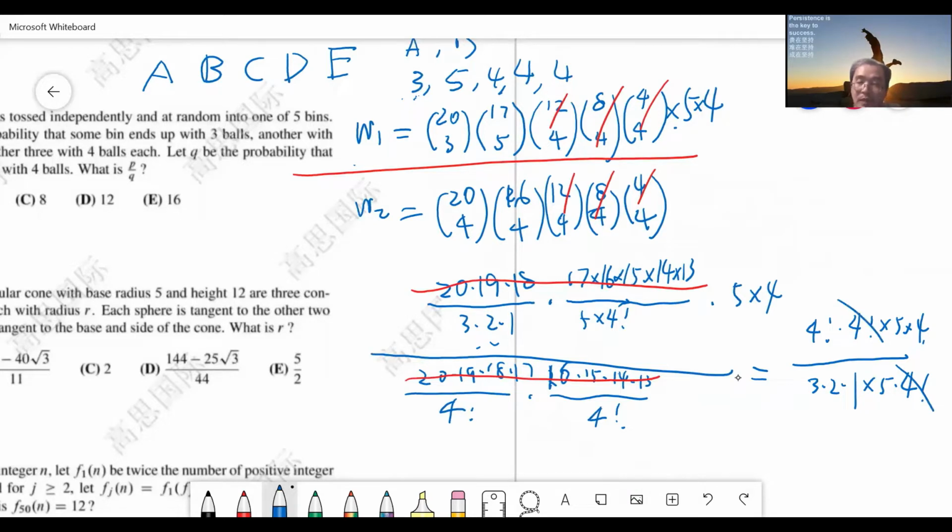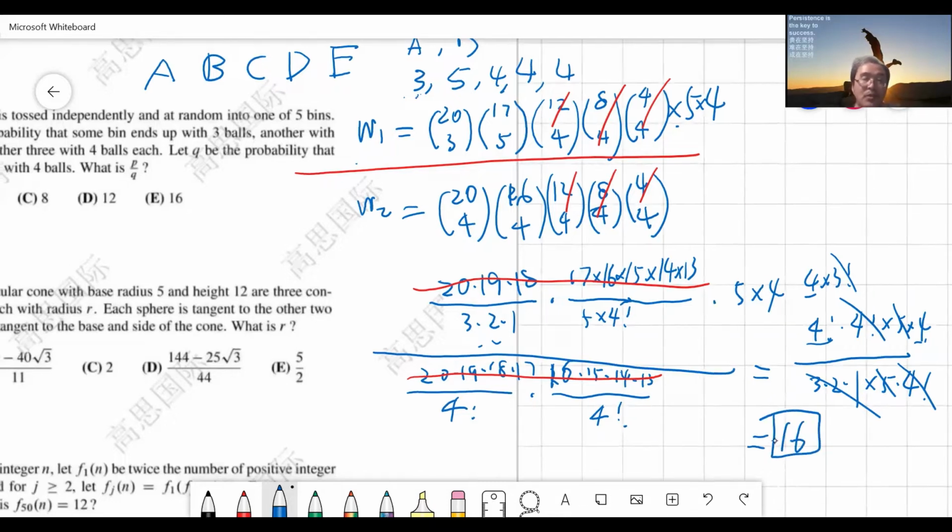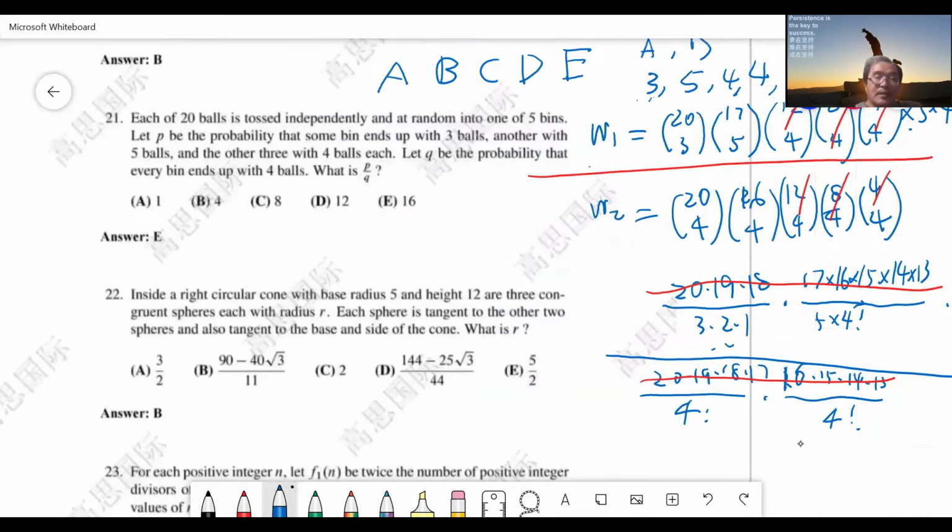We cancel this 4 factorial, and we cancel this 5. So we can see this is 4 times 3 factorial. We cancel the 3 factorial, and we have 4 times 4. The answer equals 16. So going back to the question, we find the answer is 16.